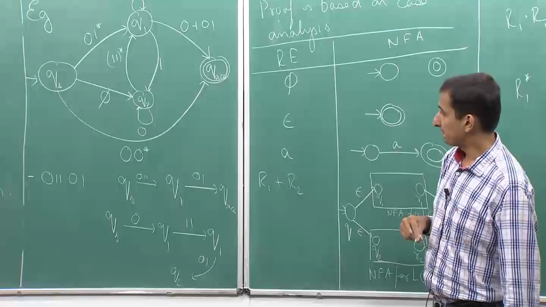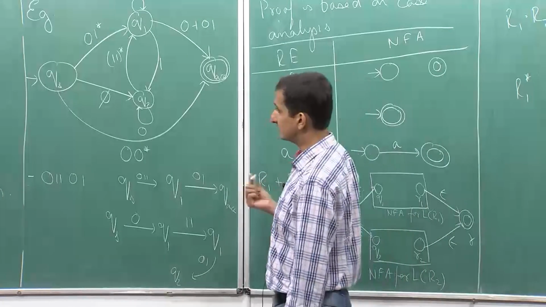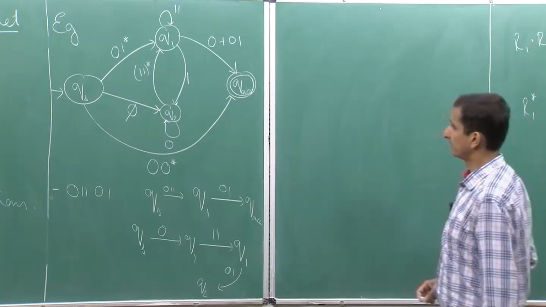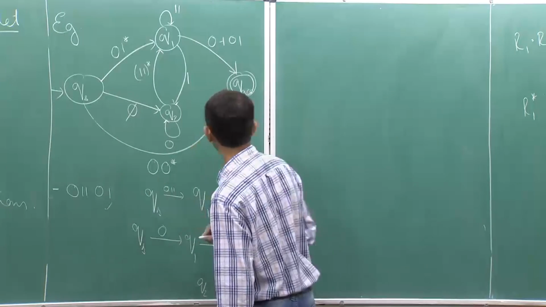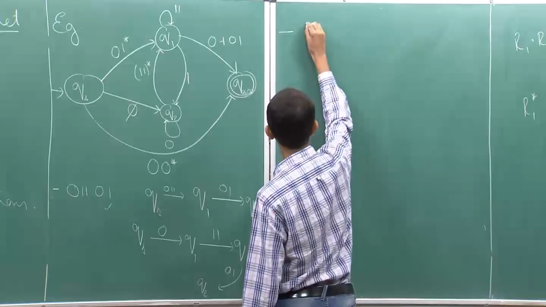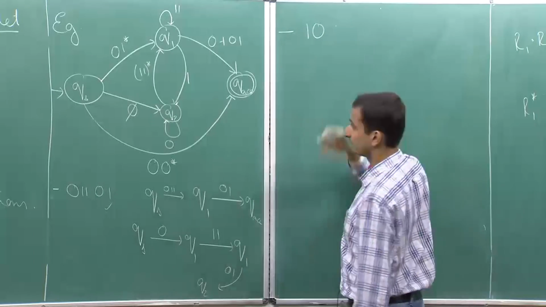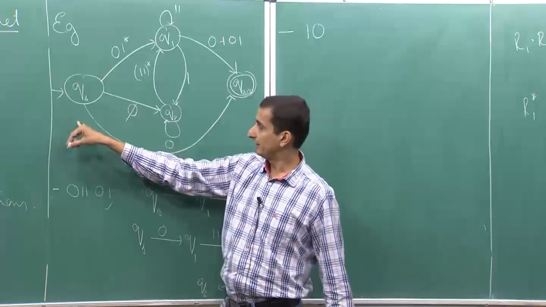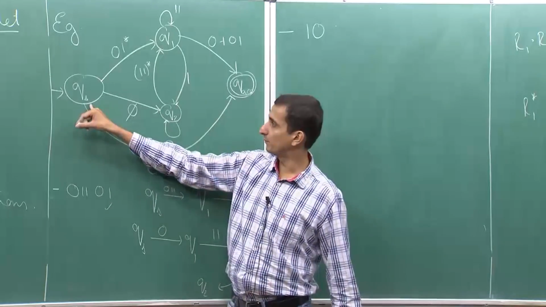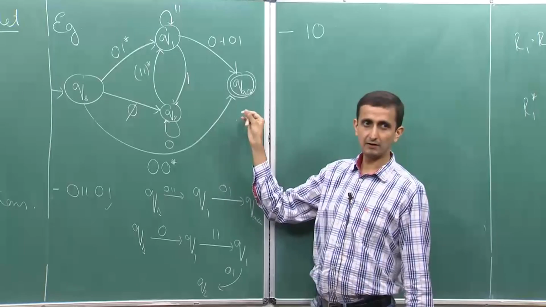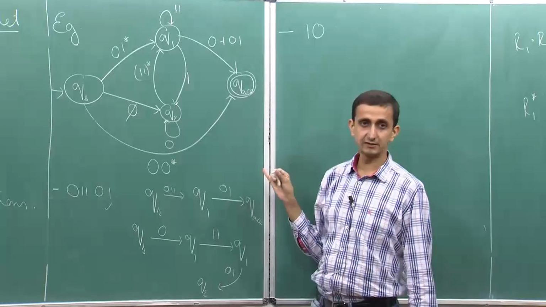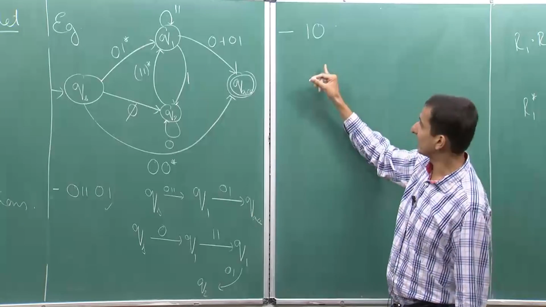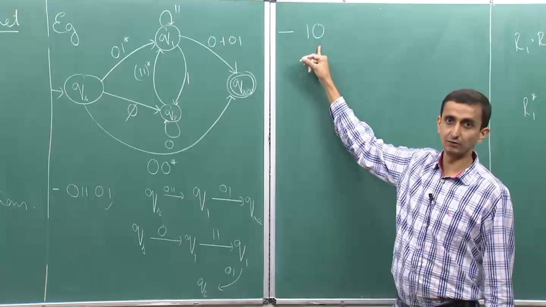Now, what about another string? So, this string is accepted. What about the string 1 0? If you look at this automaton, you realize that there is no way I can go from Q start to Q accept via a sequence of transitions whose concatenation will give me the string 1 0. Okay.